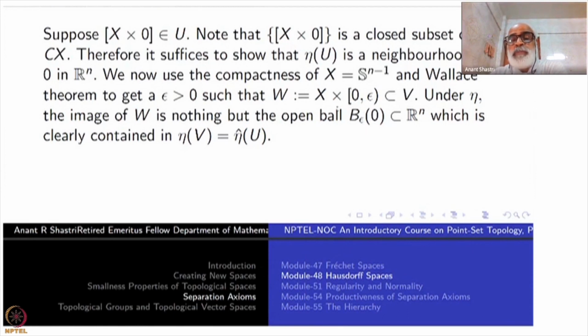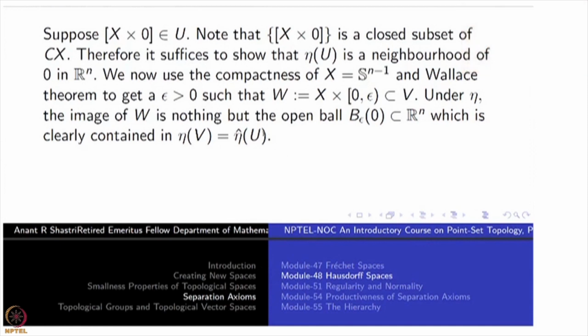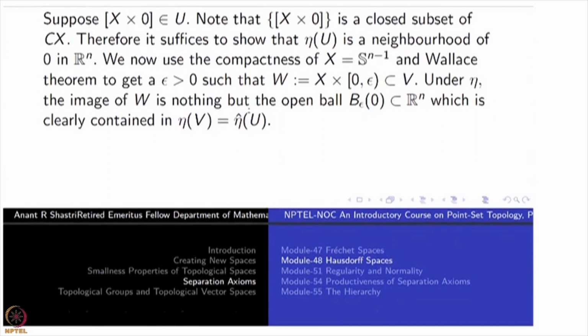So this is an open ball, which is clearly contained inside eta V, which is eta hat of V. Once it is inside V, eta of that one will be contained inside eta hat of V. So starting with an open subset U inside Cx, we have shown that eta hat of that is open. Okay. So open bijective continuous map is a homeomorphism.